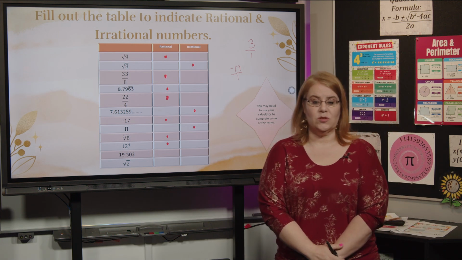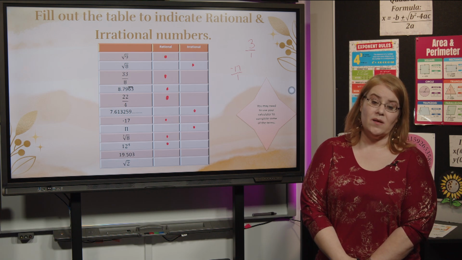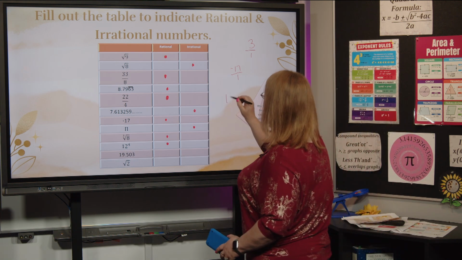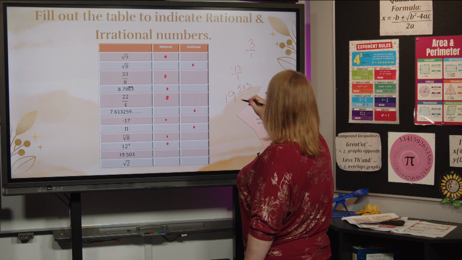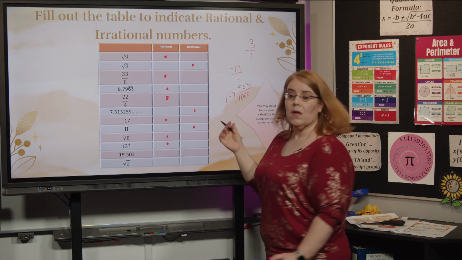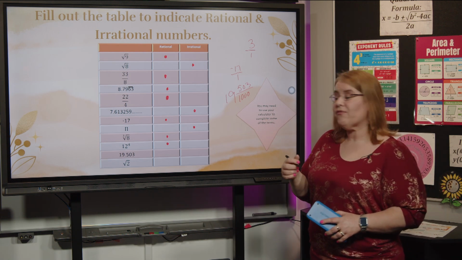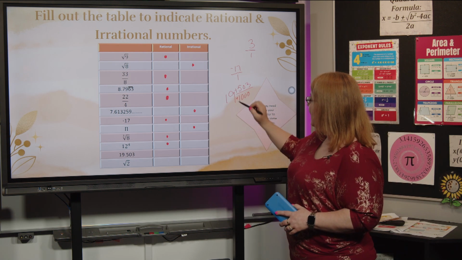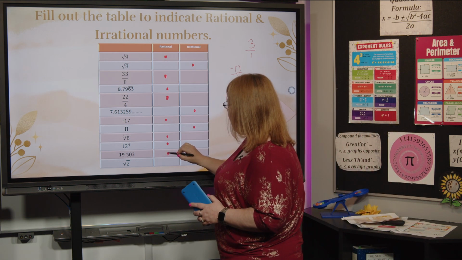It does have decimals, but what's that one thing that we notice about that decimal? It stops. So I could write that as 19 and 503 over 1,000. It's a mixed number, but I can still turn that into a fraction by multiplying and adding. So it can also be a rational number.